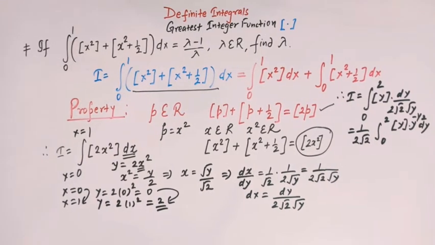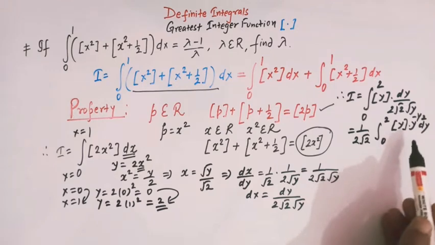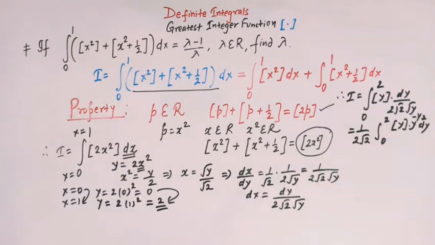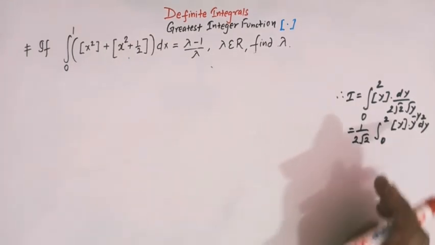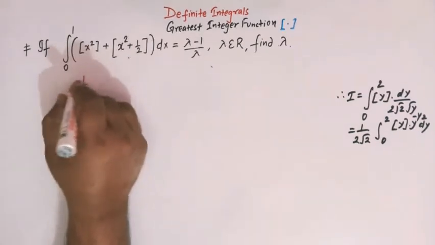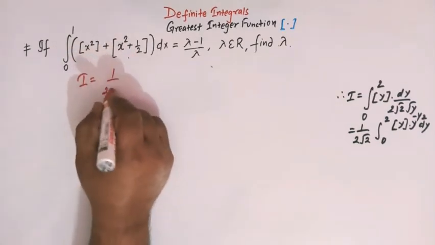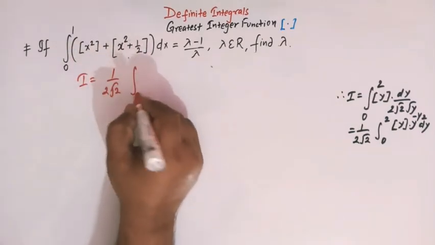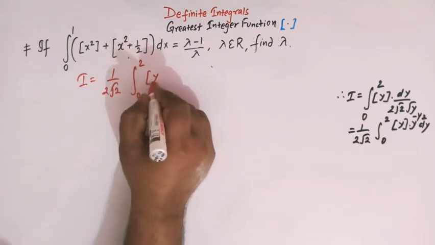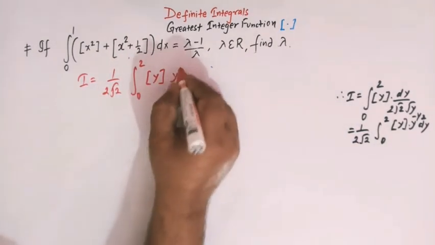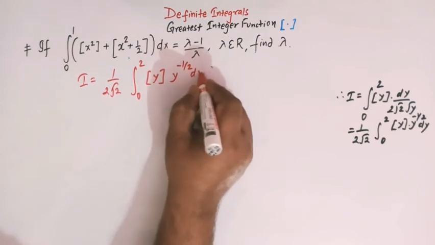So now we have to calculate this integral. So now viewers, here we have I is equal to 1 over 2 root 2, the integral from 0 to 2 of the greatest integer of y, and y raised to minus half dy, right?